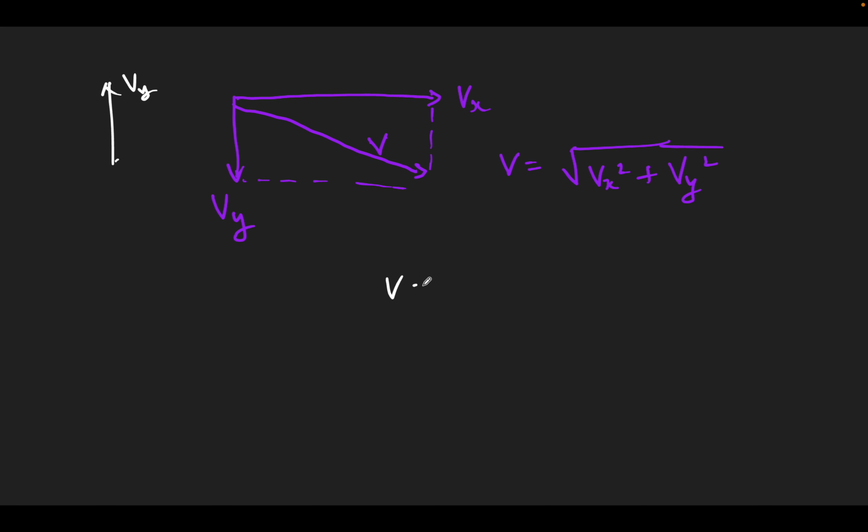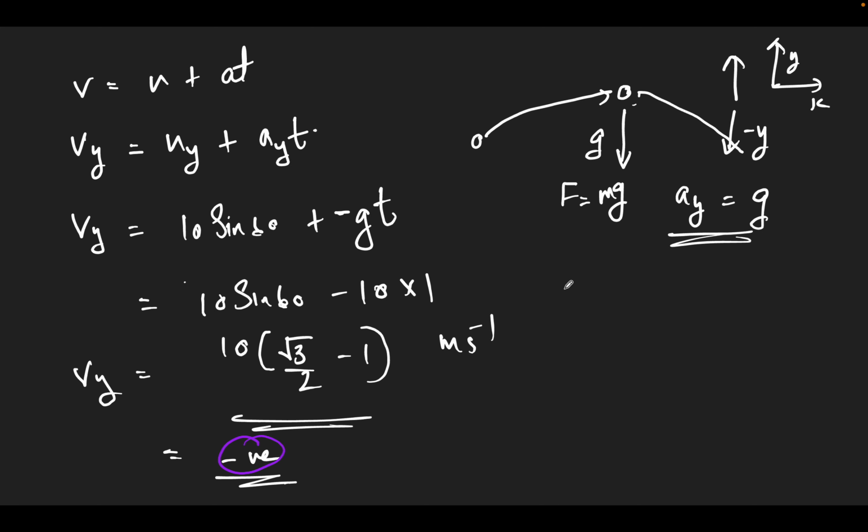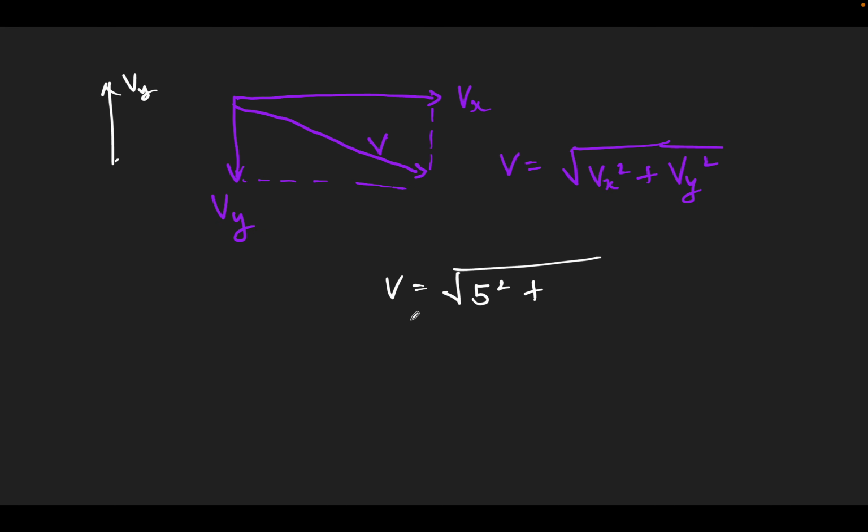V is equal to the square root of 5 square plus Vy square, where Vy is 10 into root 3 by 2 minus 1. So 10 square into root 3 by 2 minus 1, the whole square. If you simplify this, you will get V, this much meter per second. So you got V.